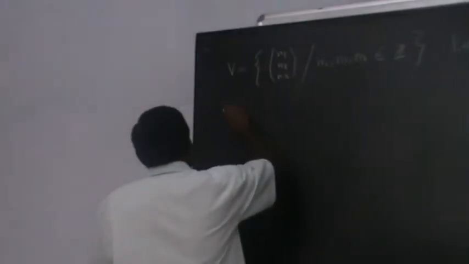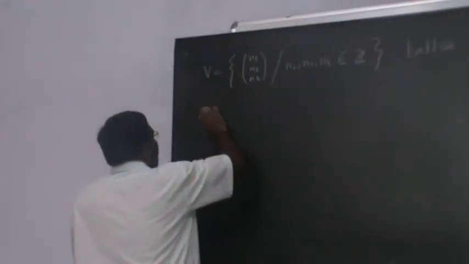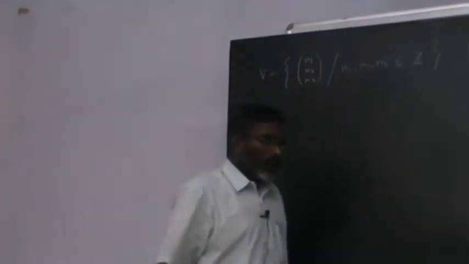Okay, so now you can think of, for example, a BCC lattice, a body-centered cubic lattice. What is the basis? Let us come back to this a little later.